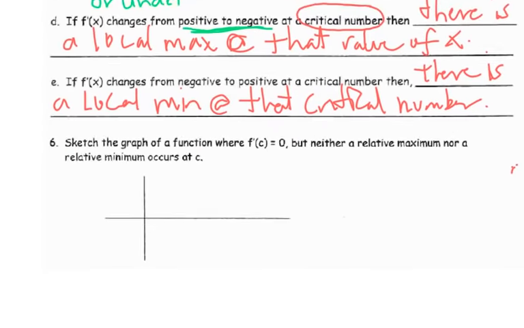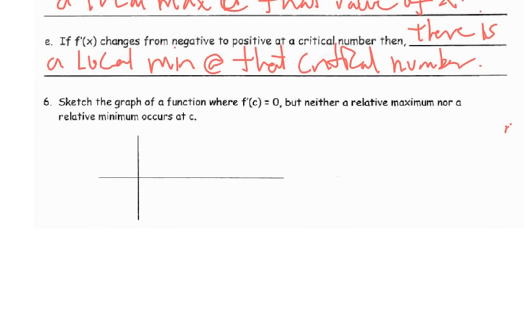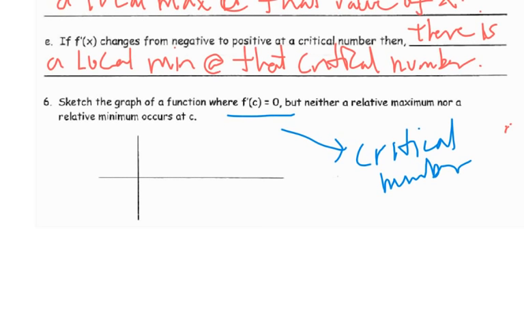All right, then number 6, sketch the graph of a function where the first derivative is 0, meaning that we have located a critical number because the first derivative is 0. Okay, so there's a critical number at c, but we want neither a relative maximum nor a relative minimum. We've actually talked about this in class.